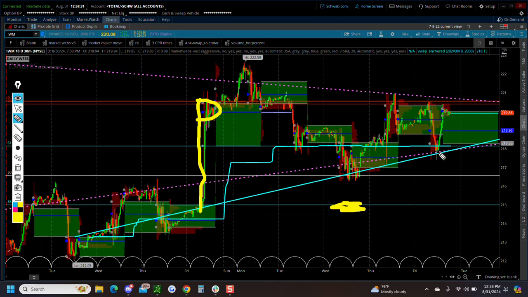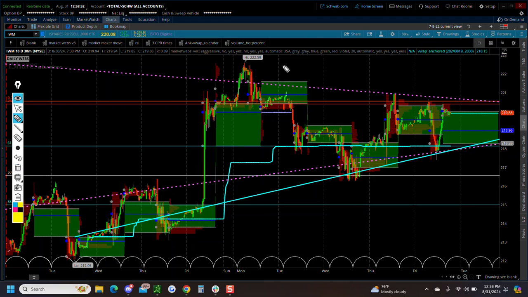Potentially a breakout pattern, but the cycles do suggest that if we get back up into these areas, we might need some more time to digest, for the cycle dates to actually match up for the breakout. I did want to point that out.